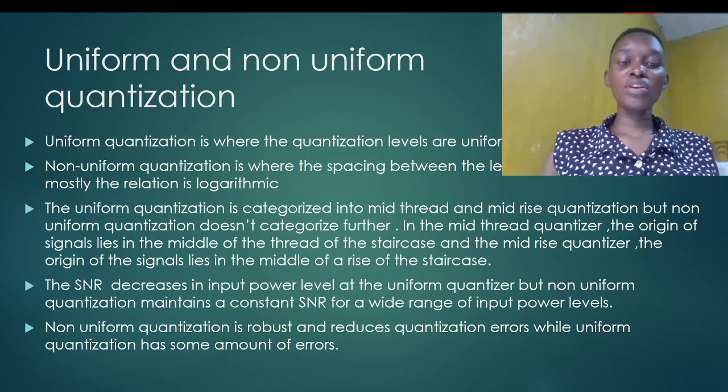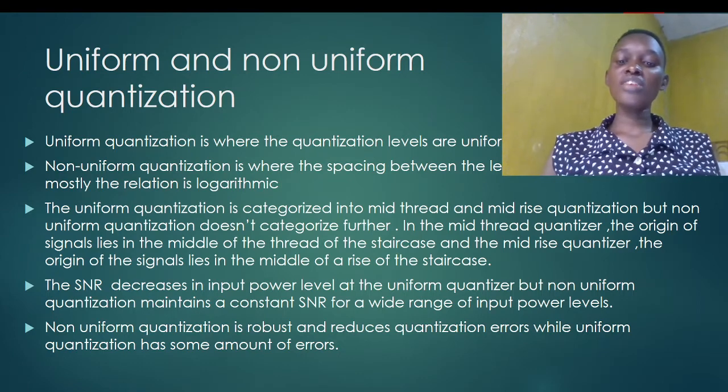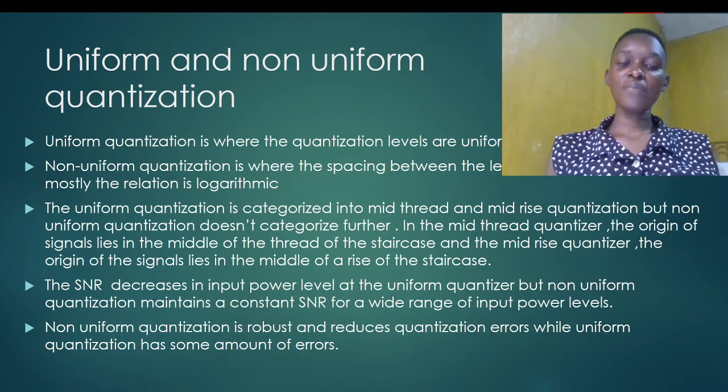when we talk about the signal to noise ratio, in non-uniform quantization it is maintained constant for a wide range of input power levels, but for uniform quantization, the signal to noise ratio decreases with decreasing input power levels.